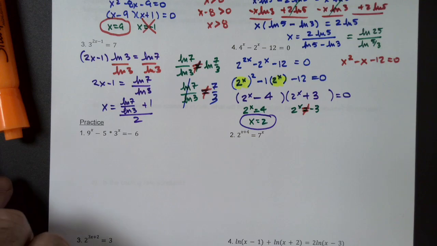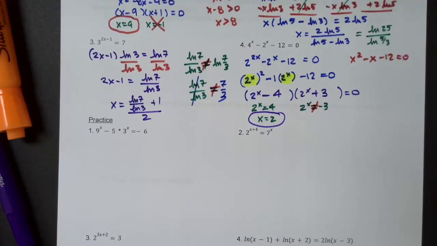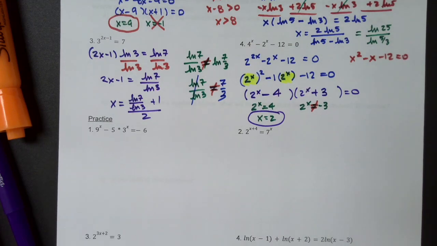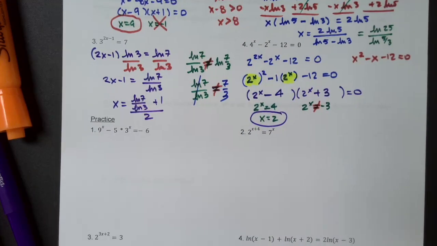Love this stuff. All right, let's take a look at number 1 here and see what we want to do here. Well, what I'm going to suggest we do is use that same technique we did here on this one.